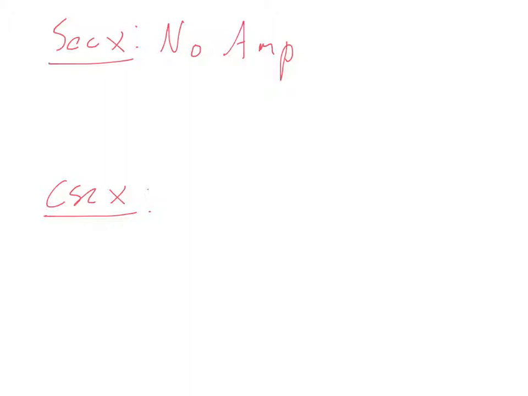And so there's no amplitude, but it does have a period because it is a periodic function, even though it's not what we would call a sinusoidal function. The period in this case is the same as the period of the function that it's a reciprocal of. Secant's a reciprocal of cosine. Cosine has a period of 2 pi, and so secant has a period of 2 pi.